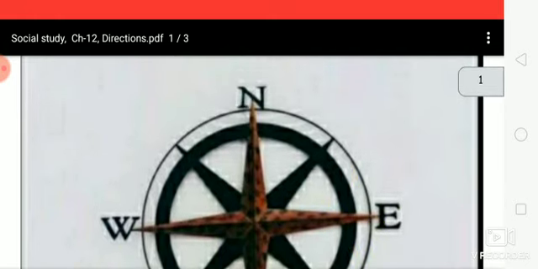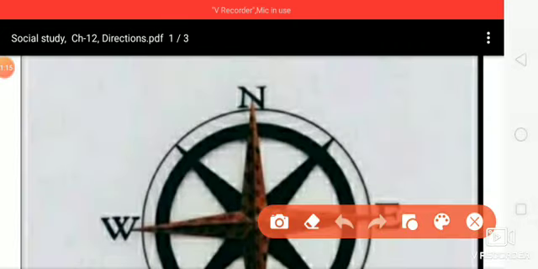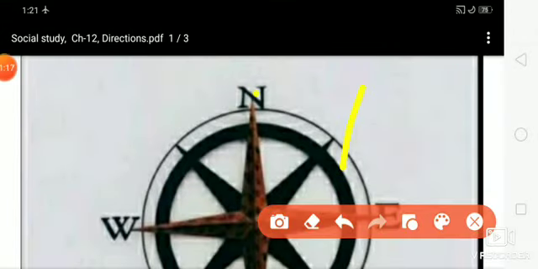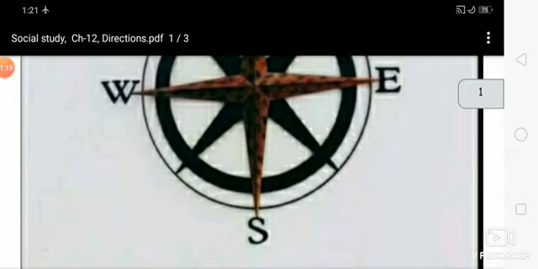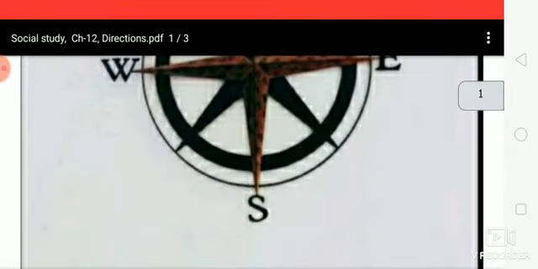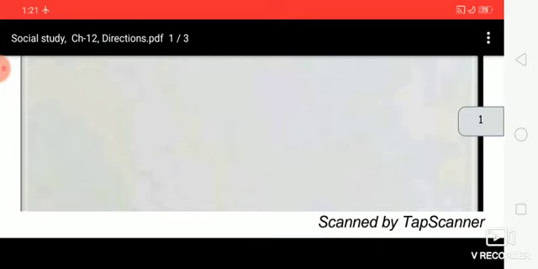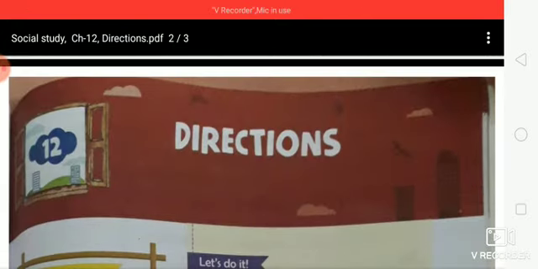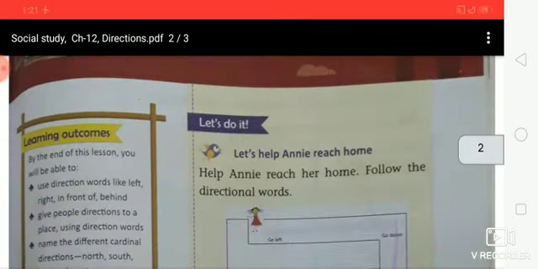So first you write here: north is opposite south, east is opposite west. Okay, students, Chapter 12, Directions. Let us help her reach home.